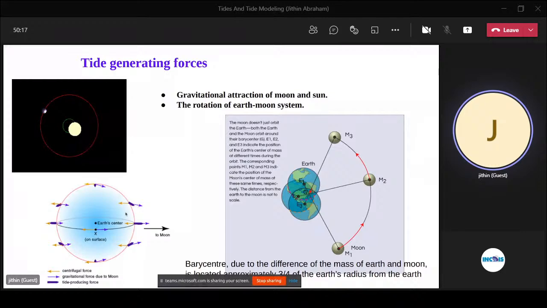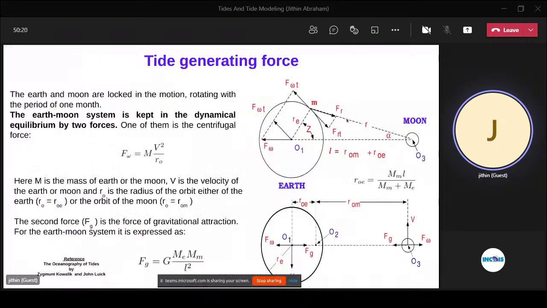I'm not going into the detailed derivation of the tide generating force, but note that the Earth-Moon system is kept in a dynamical equilibrium between two forces. The first is the centrifugal force, and the second is the force of gravitational attraction between the Earth and Moon.